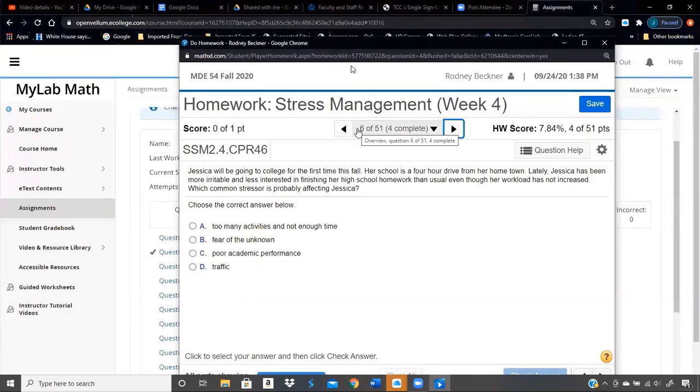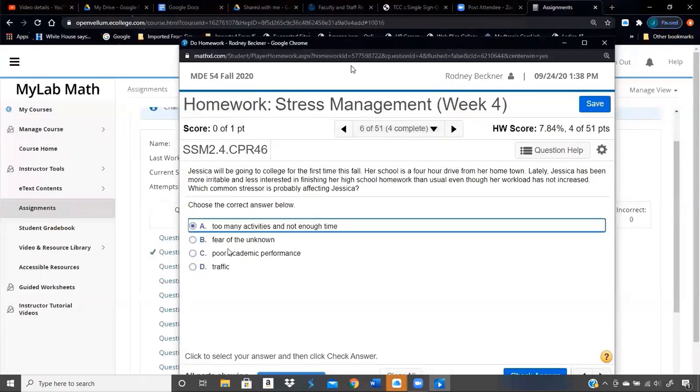Lately, Jessica has been more irritable and less interested in finishing her high school homework than usual, even though her workload has not increased. Which common stressor is probably affecting Jessica? Too many activities and not enough time, fear of the unknown, poor academic performance, or traffic.